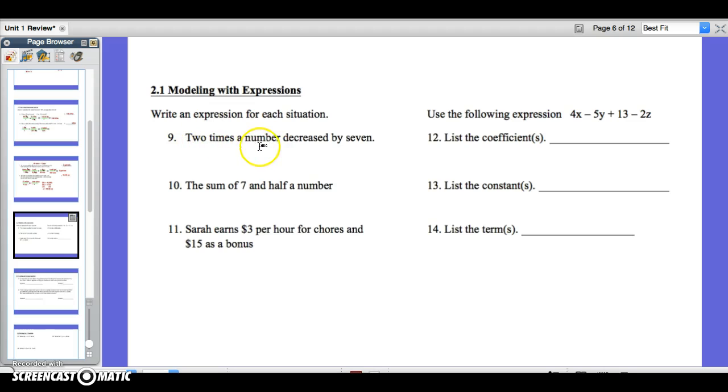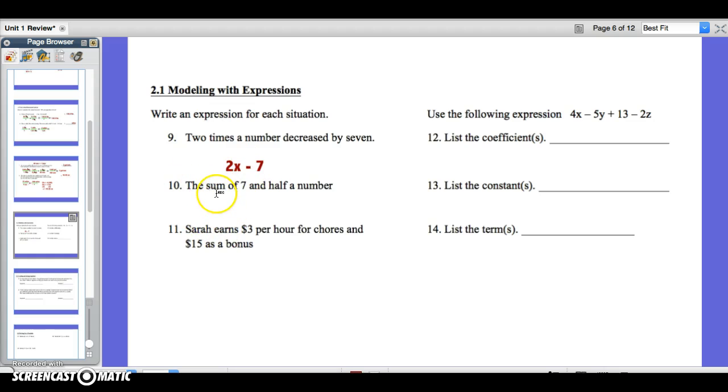We don't know what that number is, so you can use any variable that you want to. I'm just going to use x for this case. So 2 times a number, it's going to be 2x. And then this next word indicates another operation. It says decreased by 7. Decreased means subtraction. So I'm going to subtract 7 in this case. So my expression is going to be 2x minus 7.